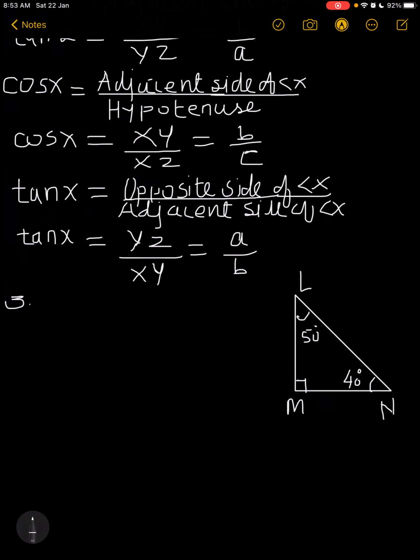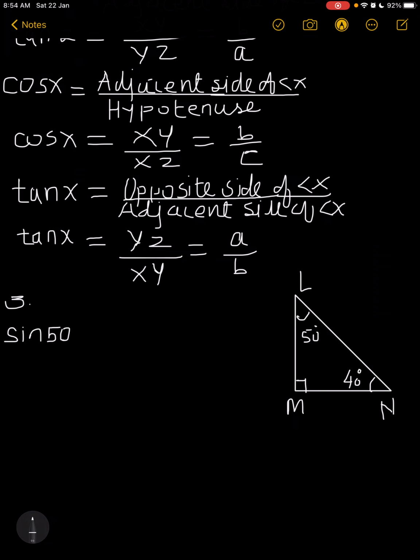Now we have to find ratios like sine 50. So everyone, this time we are given measures instead of angle names. No problem. The work will remain the same. Only in place of letters we will take the angle's measure. So I write answer number 1, sine 50 degrees.